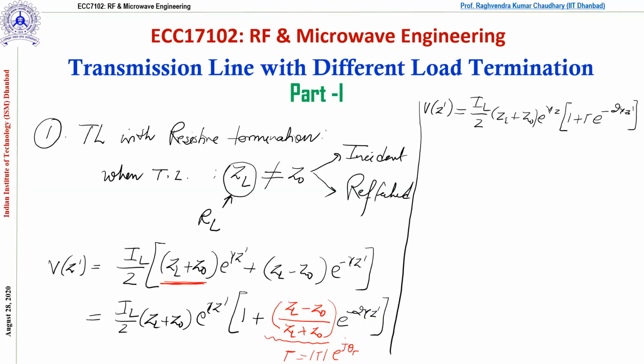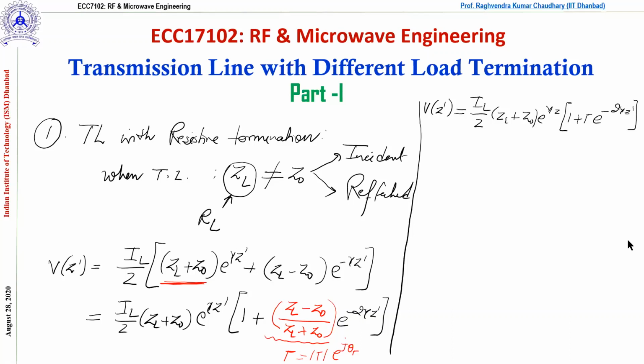Now from this equation, one can easily say that by having the idea of this gamma and the argument of this exponential, one can claim whether V(z) will be maximum or minimum, correct?